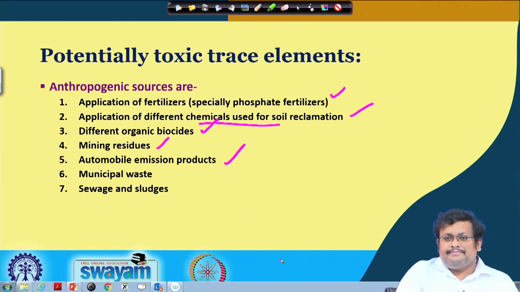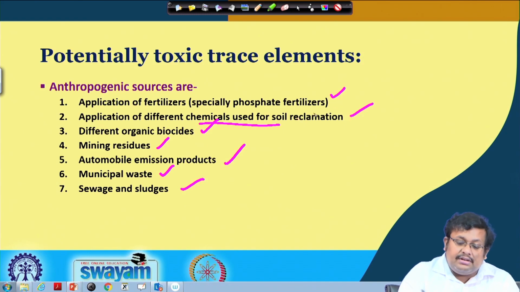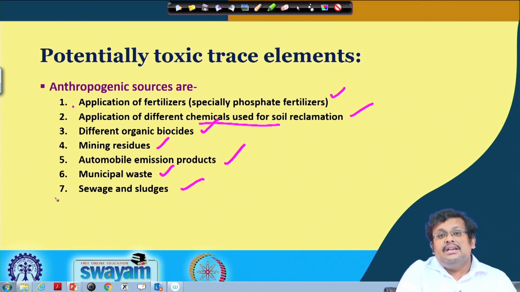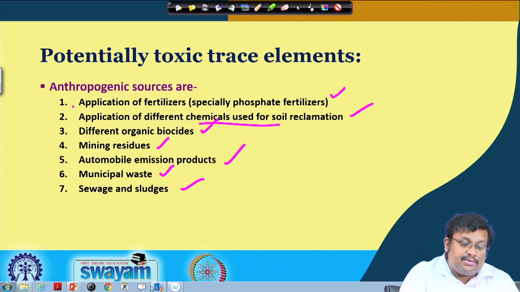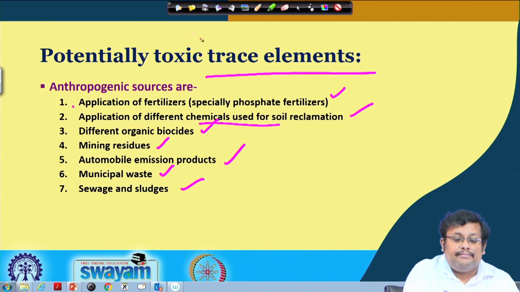Automobile emission products: a huge amount of these toxic elements are emitted due to automobile emissions and ultimately deposited on the soil surface. Municipal soils, and then sewage and sludges. So, these are all examples of different anthropogenic sources, and remember that for all of these, human activities are involved and responsible. These anthropogenic activities basically create these toxic trace elements. Okay.